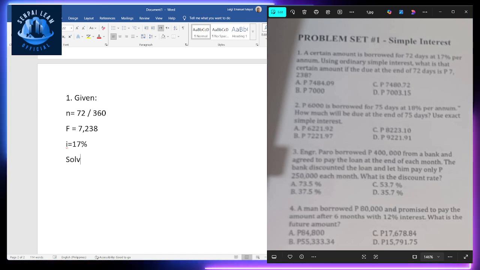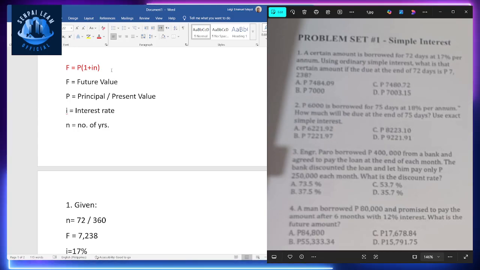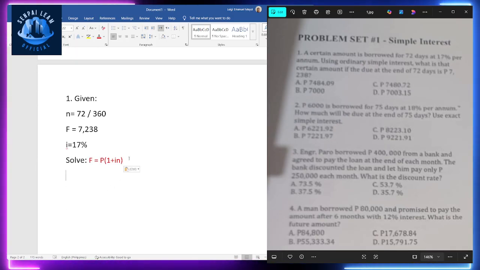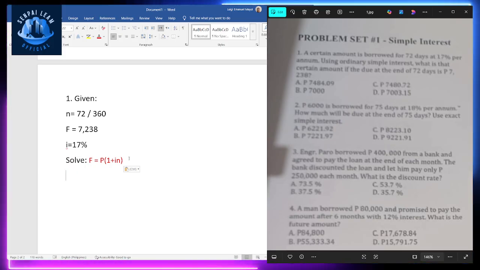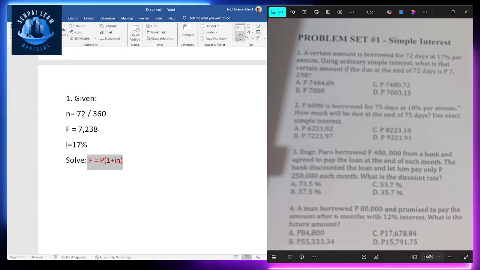To solve this, we will use the formula F equals P times 1 plus IN.